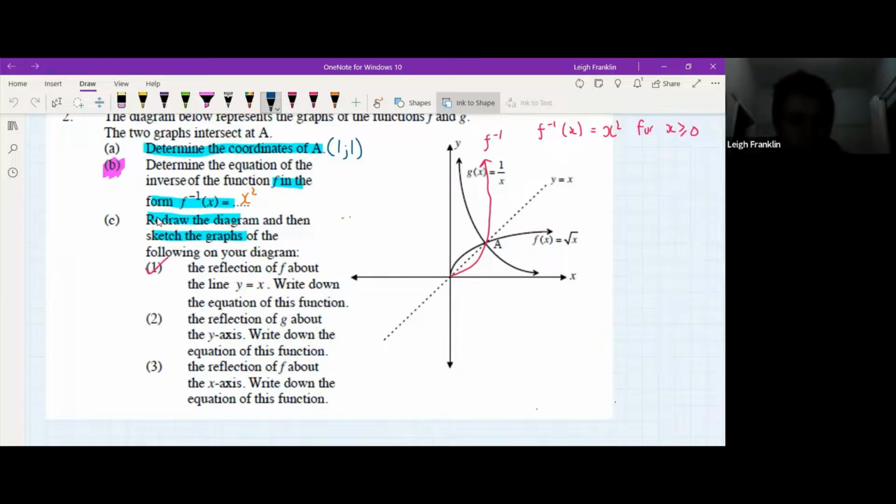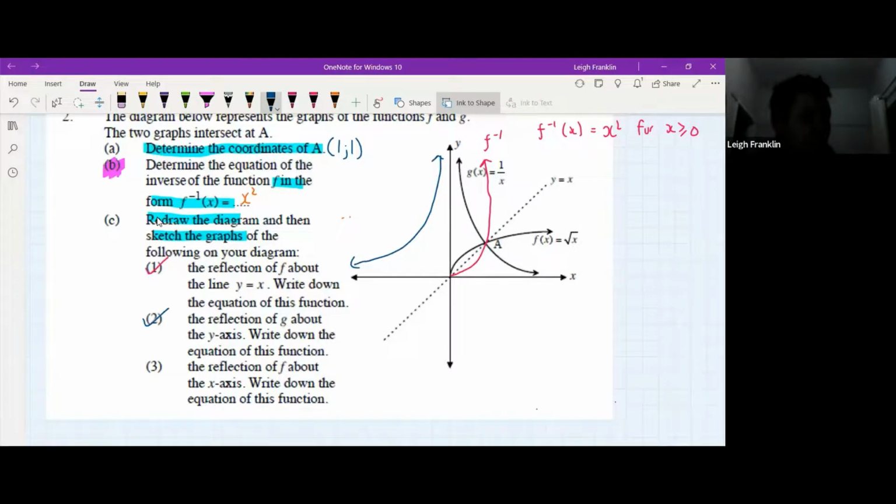The next one, let's do this one in blue. The reflection of g about the y-axis. That means this black line over here, where I've got my arrow right now, is going to be reflected over the y-axis. So it's going to end up looking like that, isn't it?